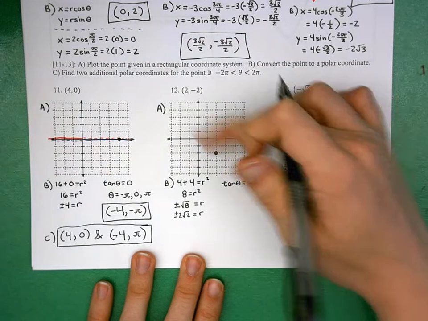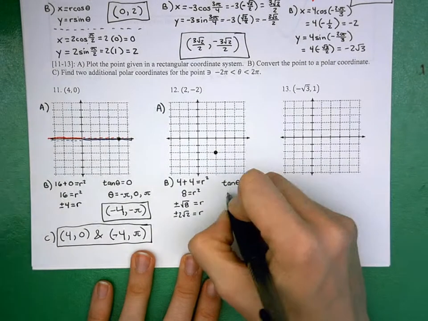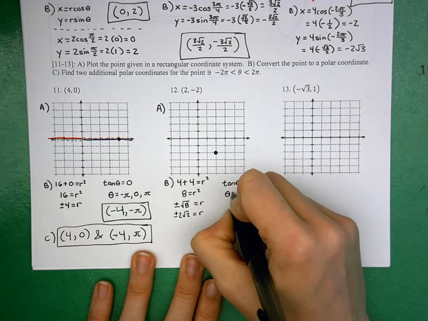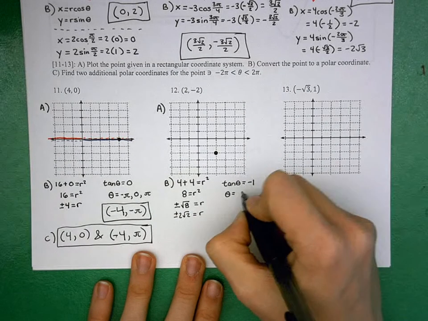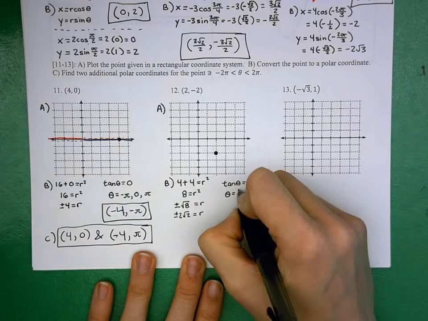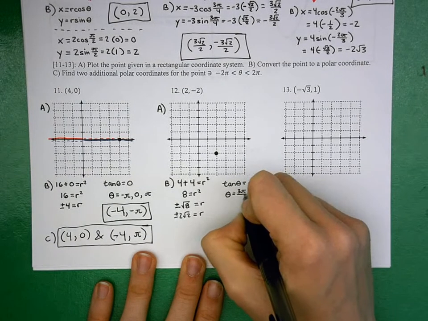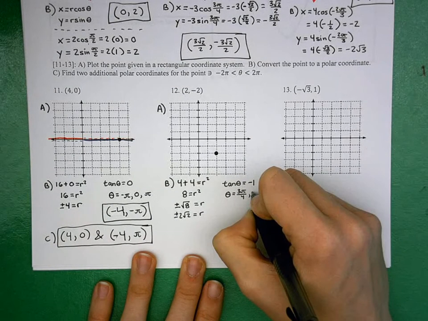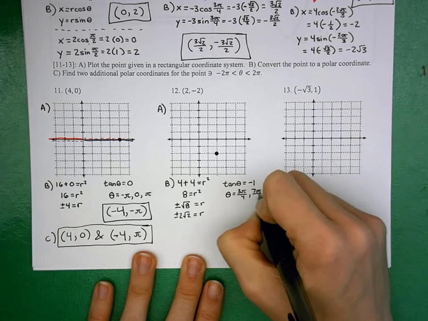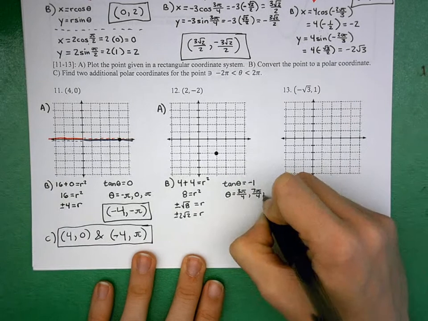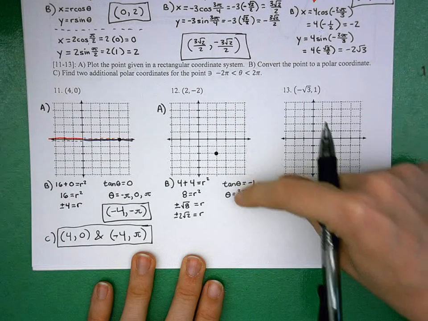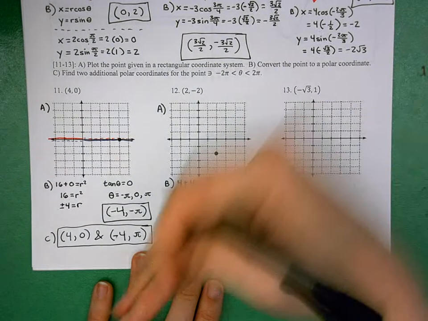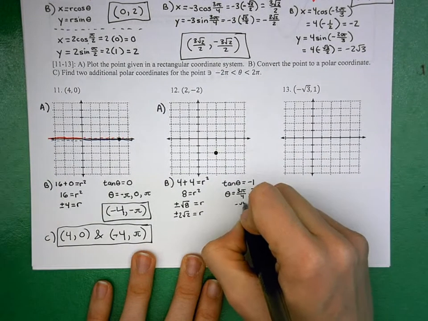And so my theta, there are lots of ways you could name your theta here. You could name it as, well, 2nd quadrant would be 3 pi over 4. 4th quadrant would be 7 pi over 4. Or you could name them as their negative angles as well, right? 7 pi over 4, which is in the 4th quadrant here, is the same thing as negative pi over 4, if I subtracted 2 pi from that.